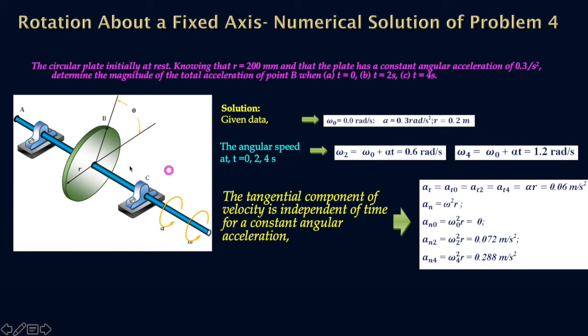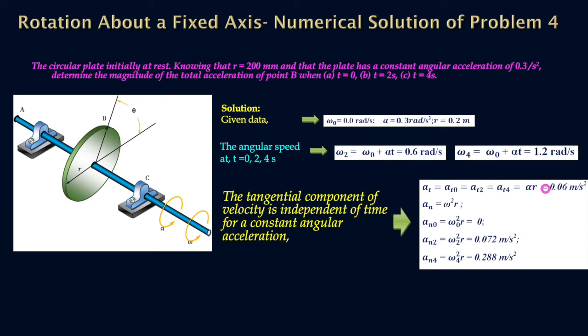Now what about the acceleration? We know that for angular motion, the linear component of the acceleration has two components. One is the tangential component, the other is the normal component. The tangential component magnitude is alpha r.